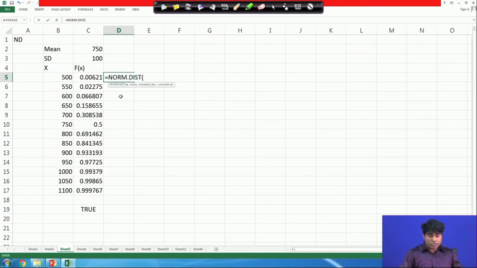So, just click it, then indicate the variable here, then give the mean, which we have already specified, 750, and specify the standard deviation, that is 100, and then you specify the particular requirement, that is you put false, then close the bracket and press enter.